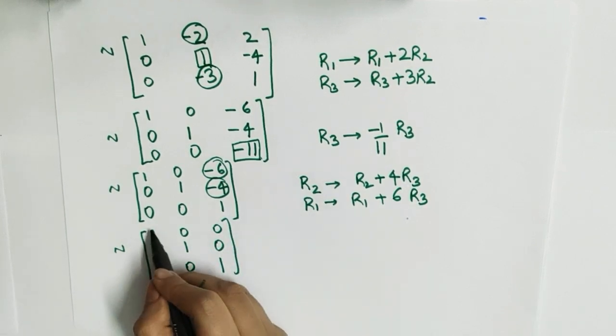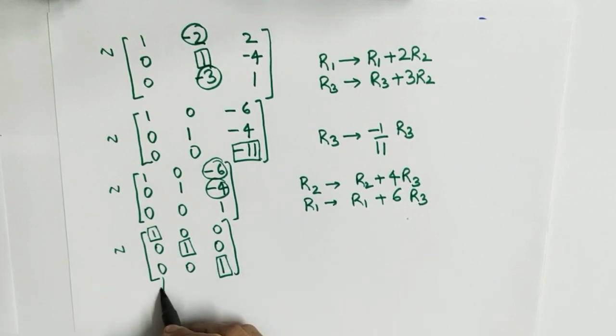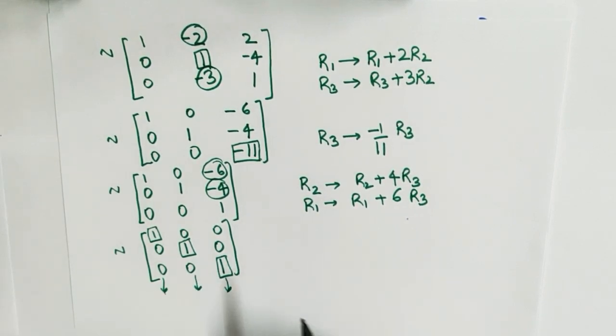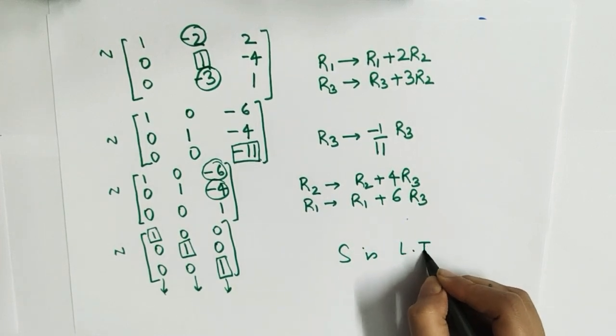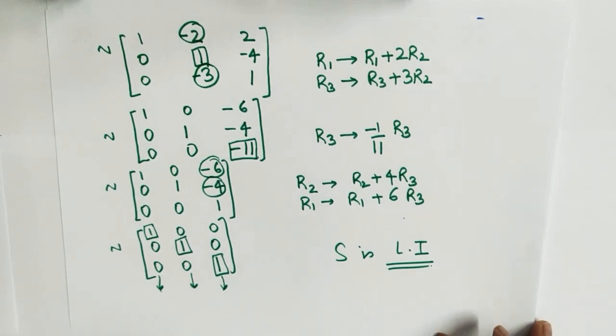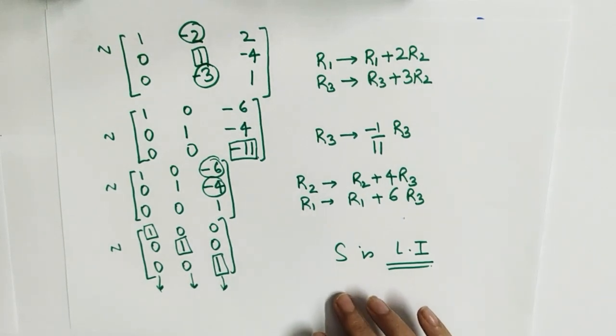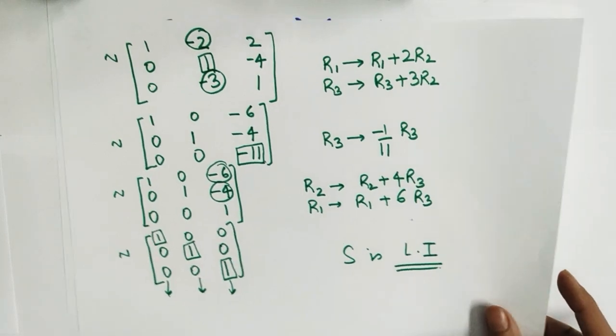I see that there is a pivot in every column. Since there is a pivot in every column, that means S is linearly independent. I hope it is clear here. If any step is not clear to you, please feel free to comment.